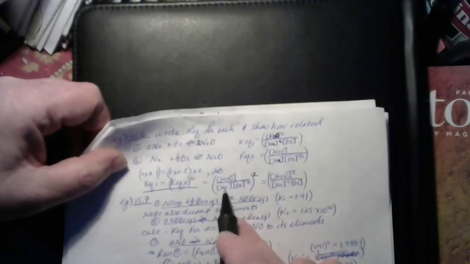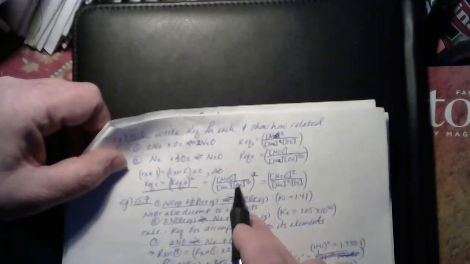And so what that means is that K1 will just be K2 to the second power. And sure enough, if you take KEQ for reaction 2, that's N2O over N2 times O2 to the 1/2 power, and square it, you get N2O squared over N2 squared times O2.